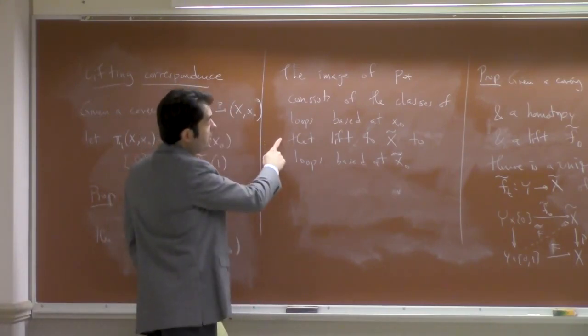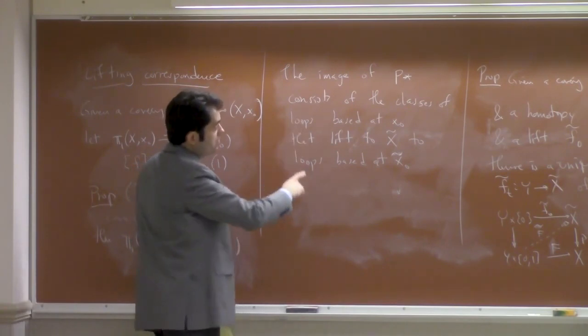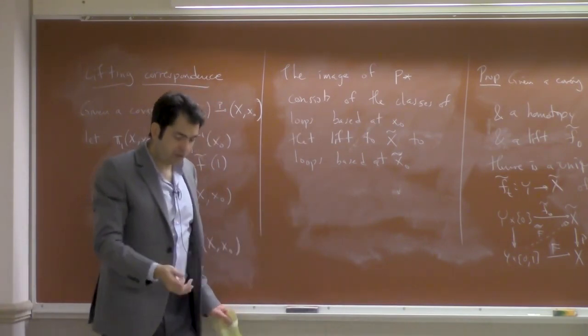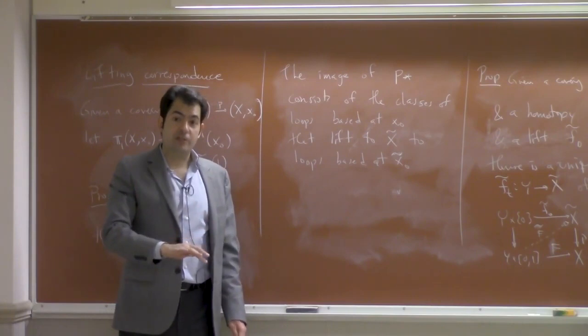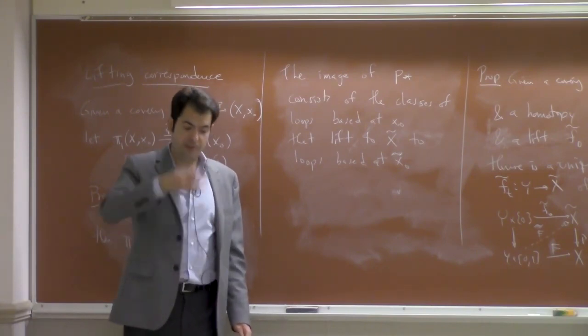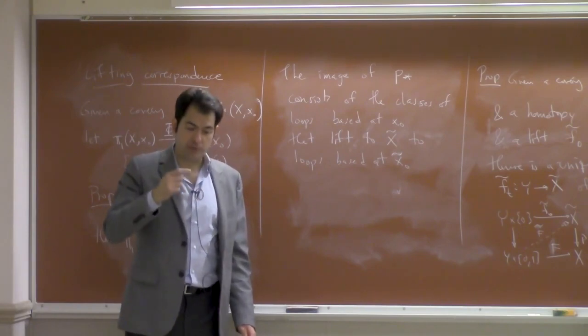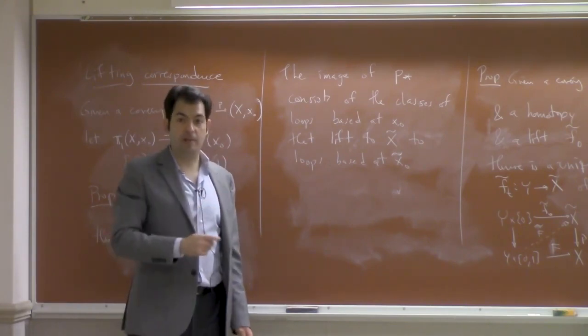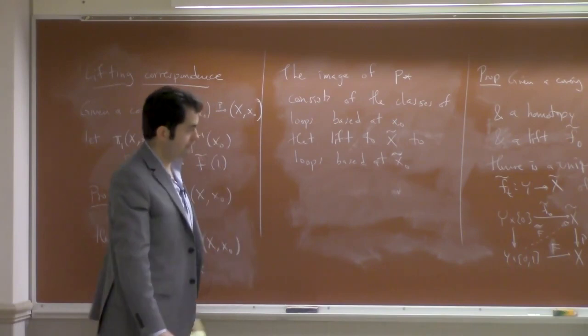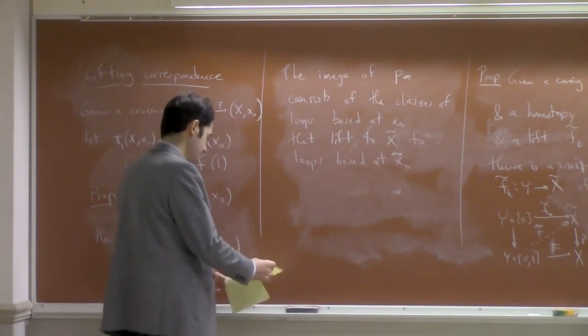So what we're saying here is that the image consists of those loops downstairs that just happen to have the property that when you lift them upstairs, they're not just paths, they are actually loops, right? So they do end back where they started. Okay.